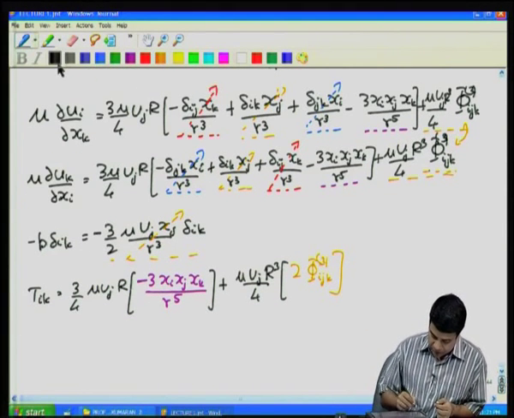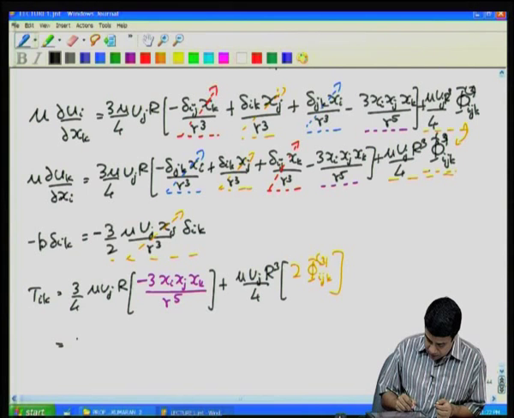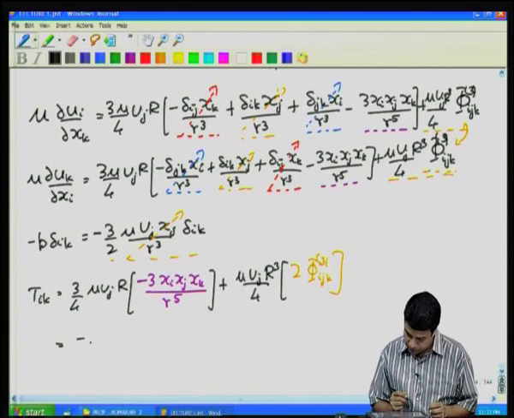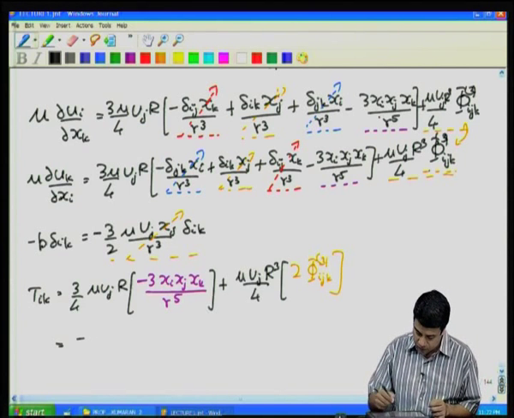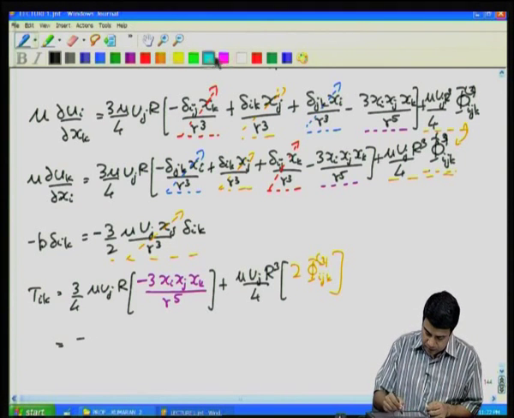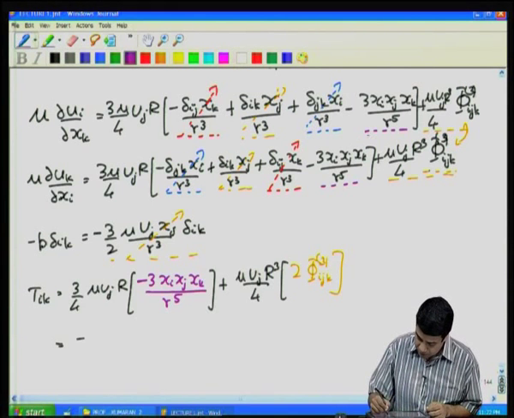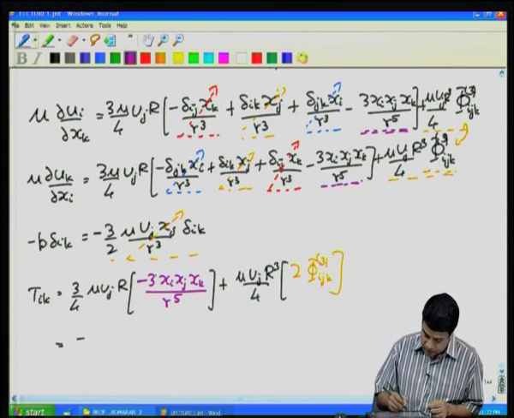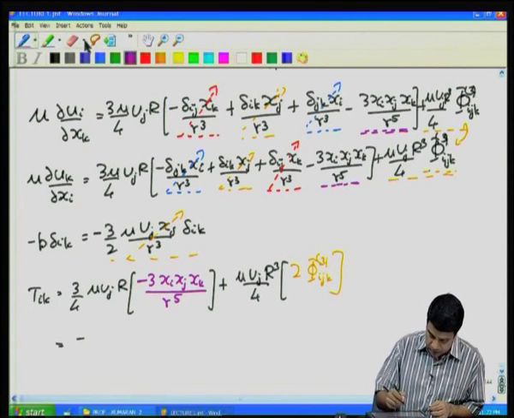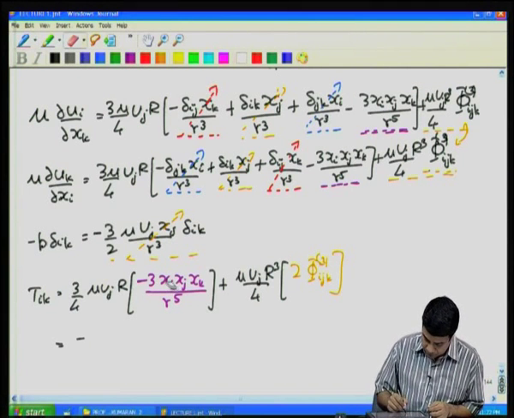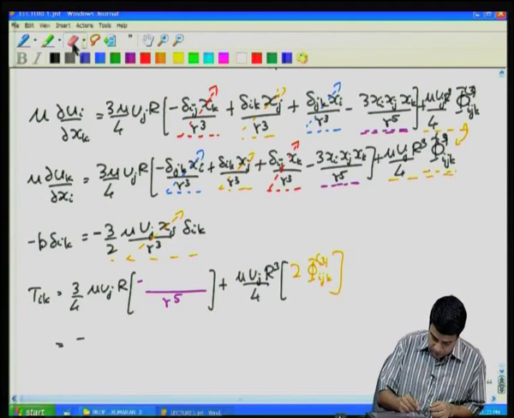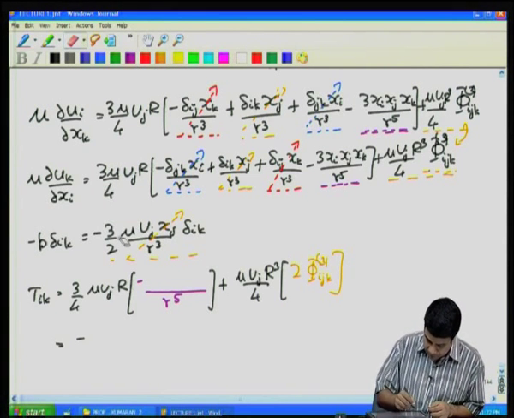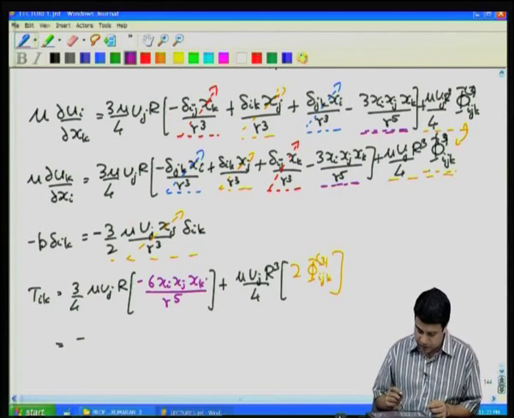And this I can write it as minus. I have two of these terms here. So, I get 3 into 2 here. So, minus 3, minus 6 x i, x j, x k, because I have two of those terms there.